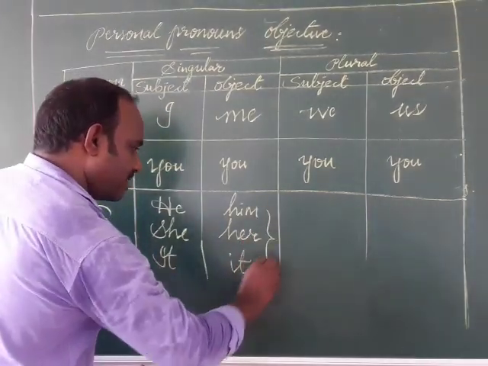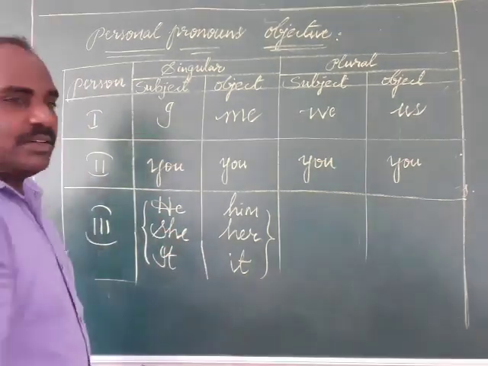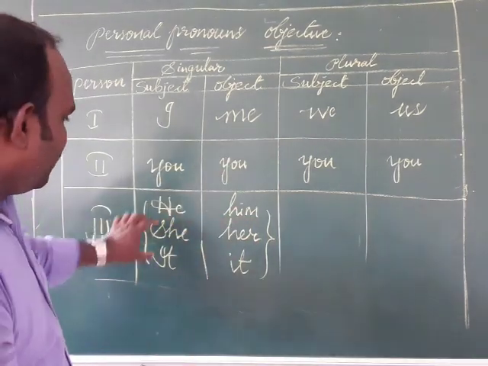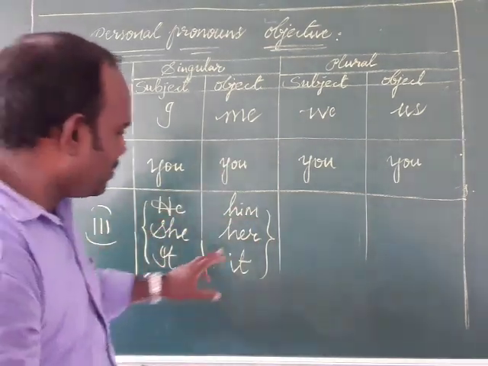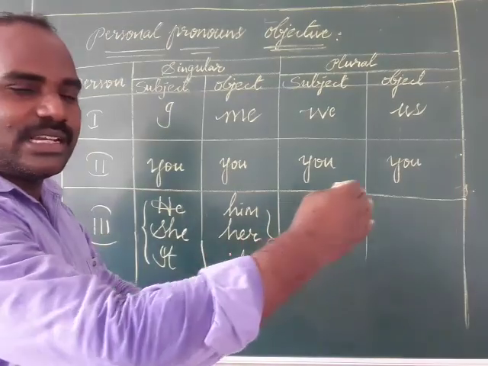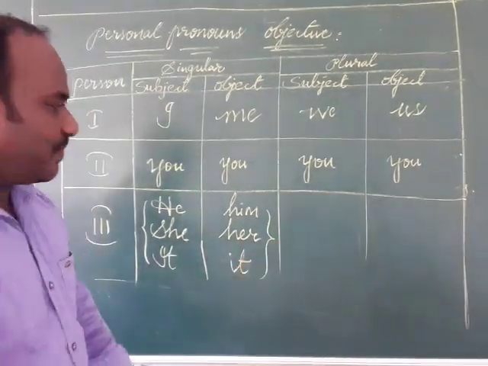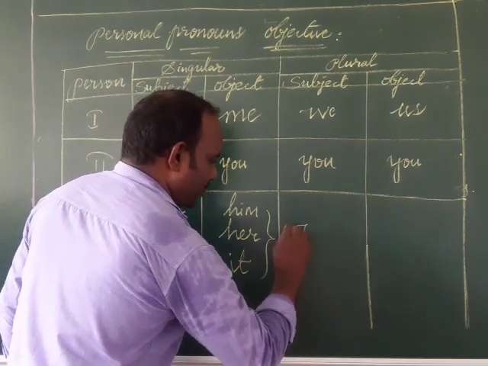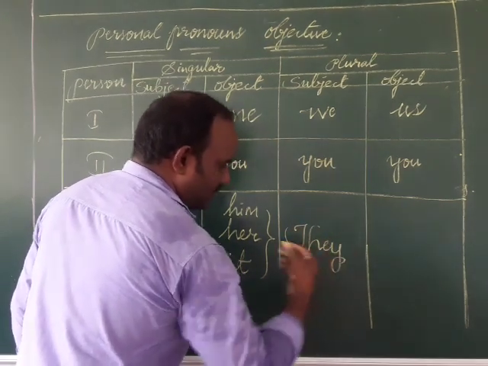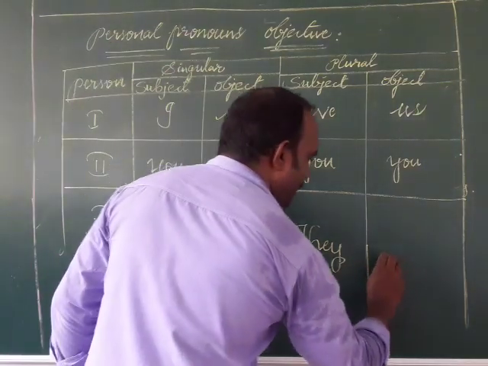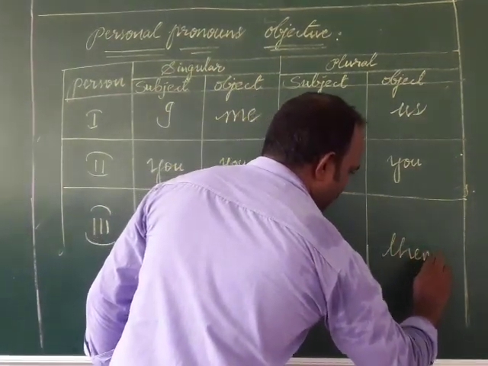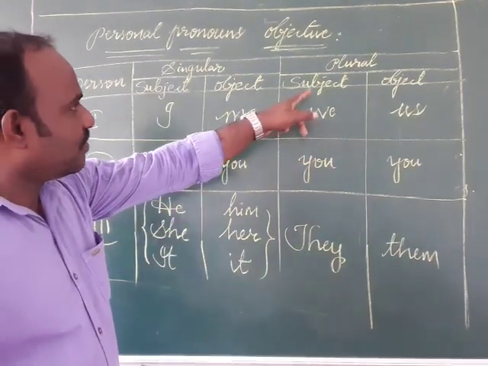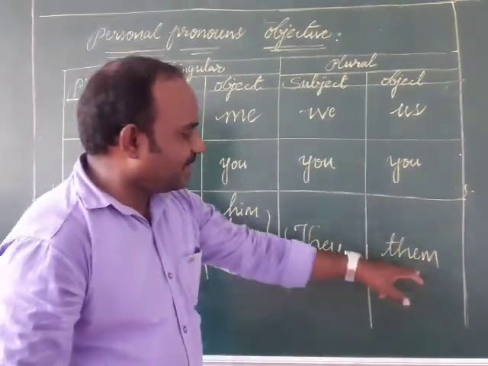So these are third person singular subject pronouns and object pronouns. These are used at the beginning of a sentence, and these are used at the end of a sentence, after main verb as an object. And coming to plural, they, them. This is third person plural subject pronoun, and this is object pronoun.